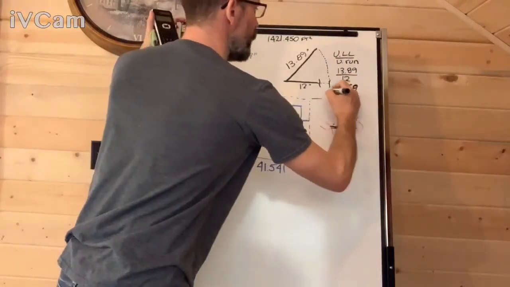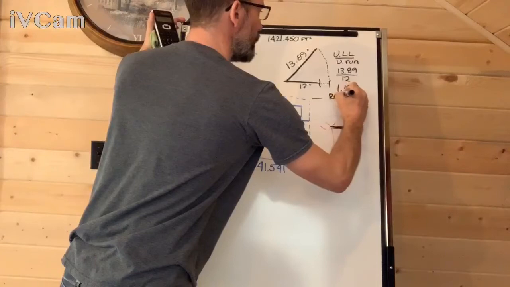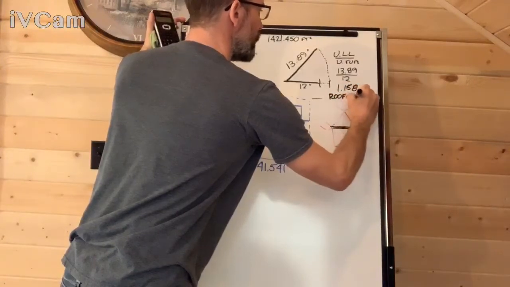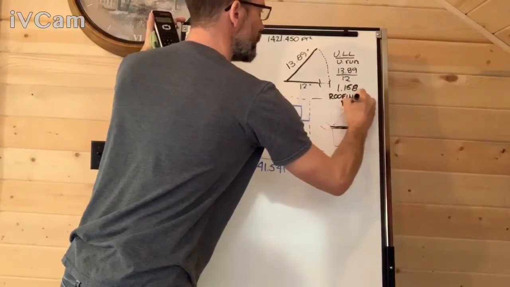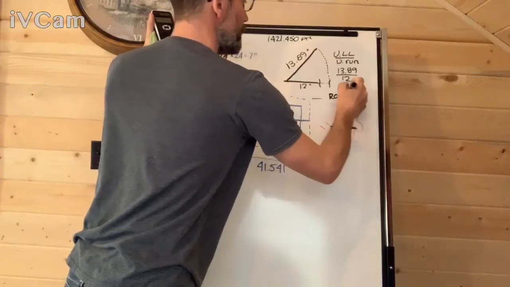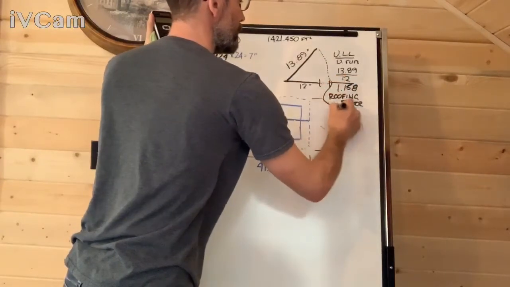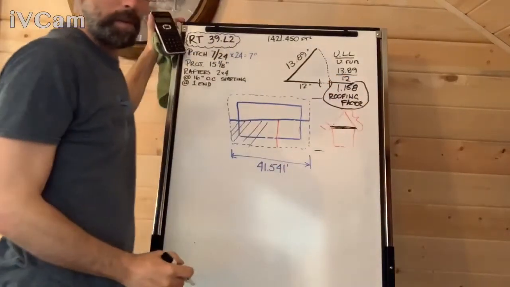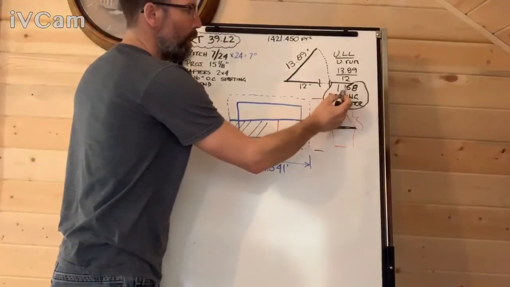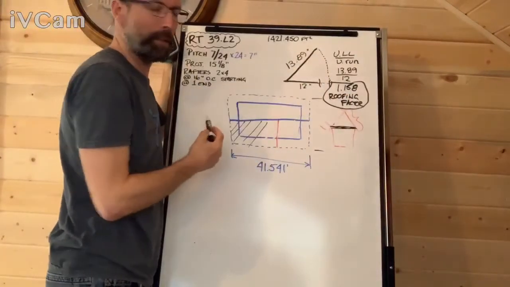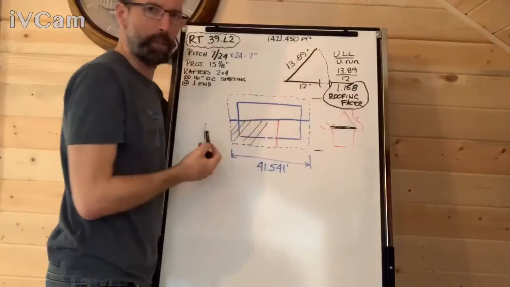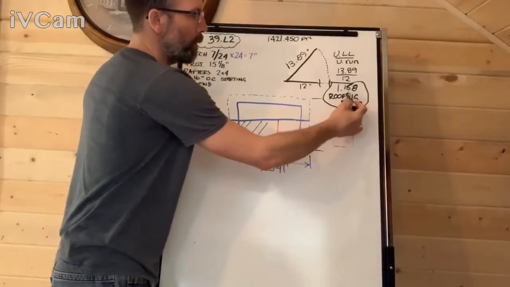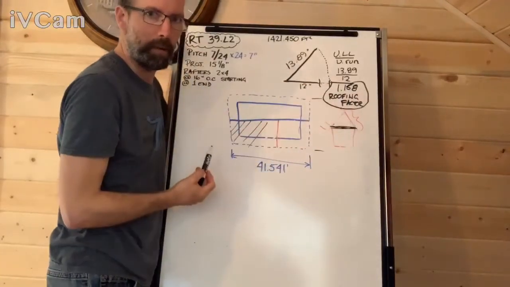This is what's known as my roofing factor. That is how much longer 13.89 is in relationship to 12. It is about 16% longer.